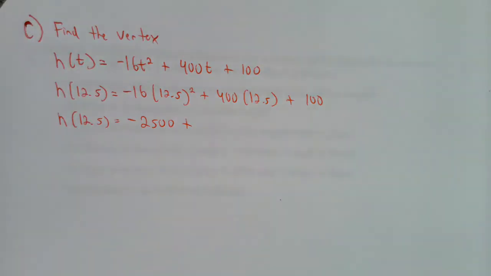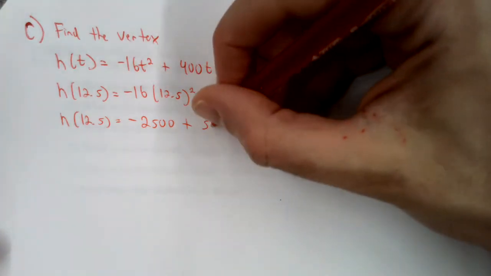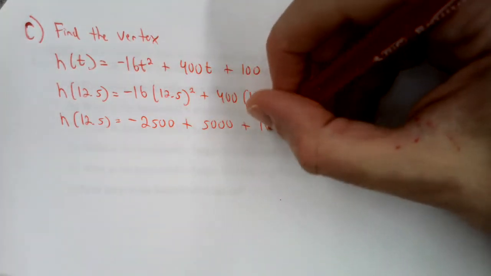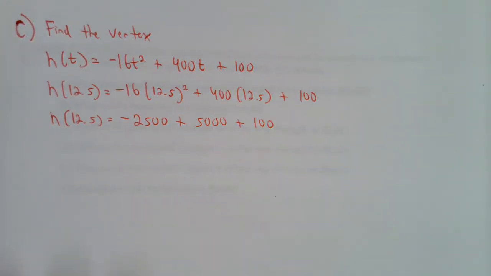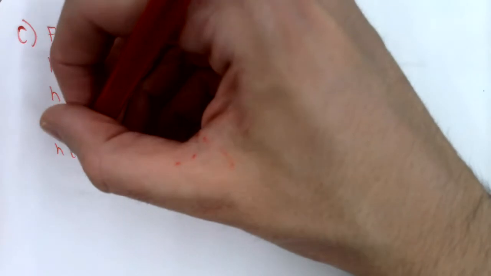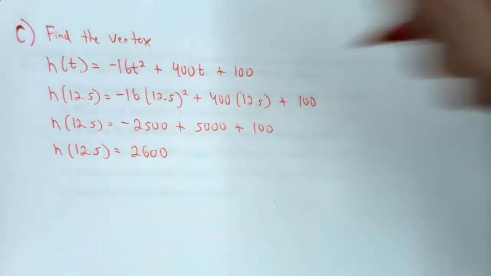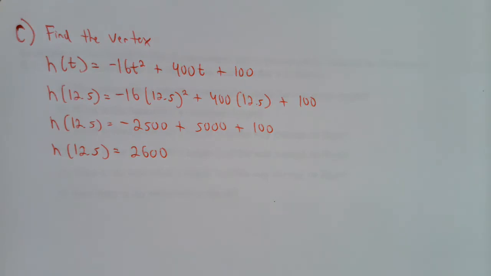Plus 400 times 12.5 will be plus 5,000 plus 100. That'll give you 2,600, okay? That's the y value. You don't have to write the vertex as an ordered pair. You just have to say the maximum height of the missile is 2,600 feet.